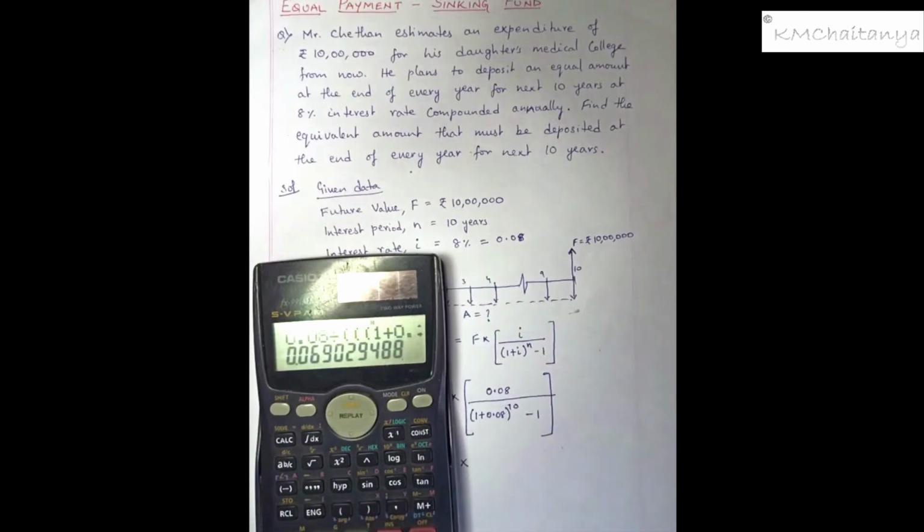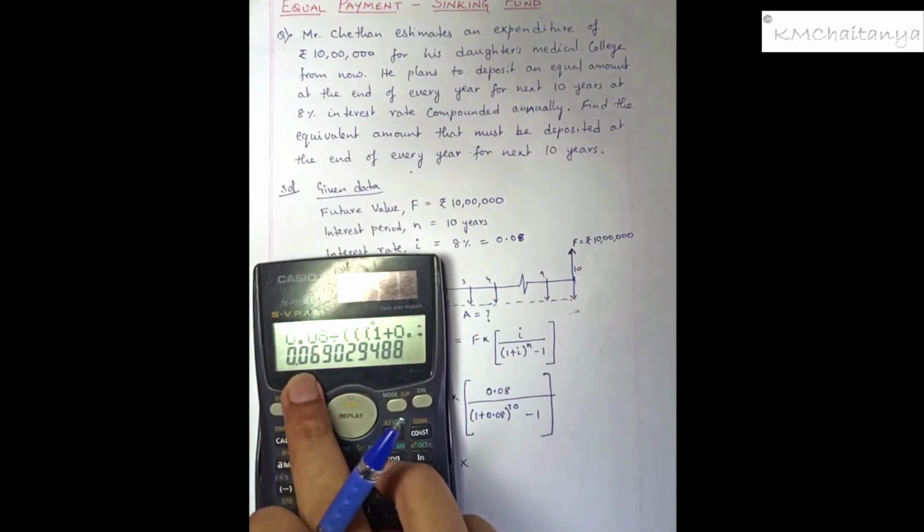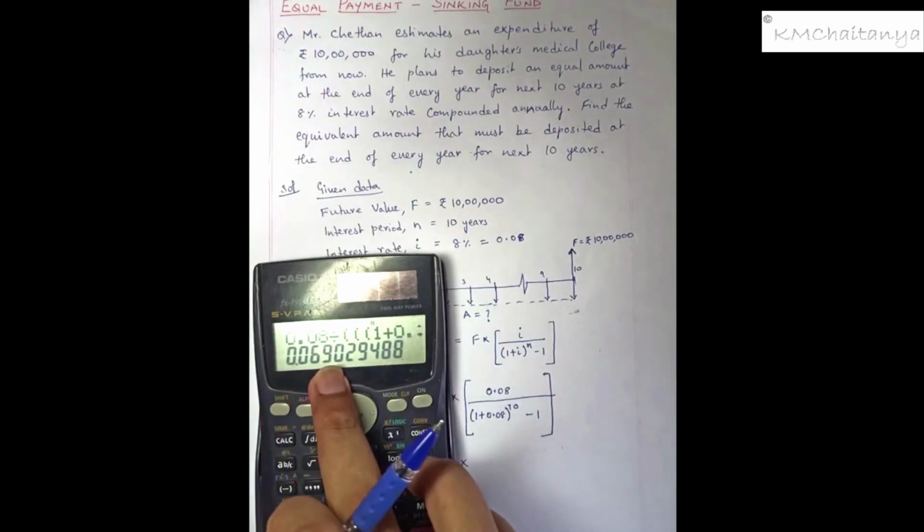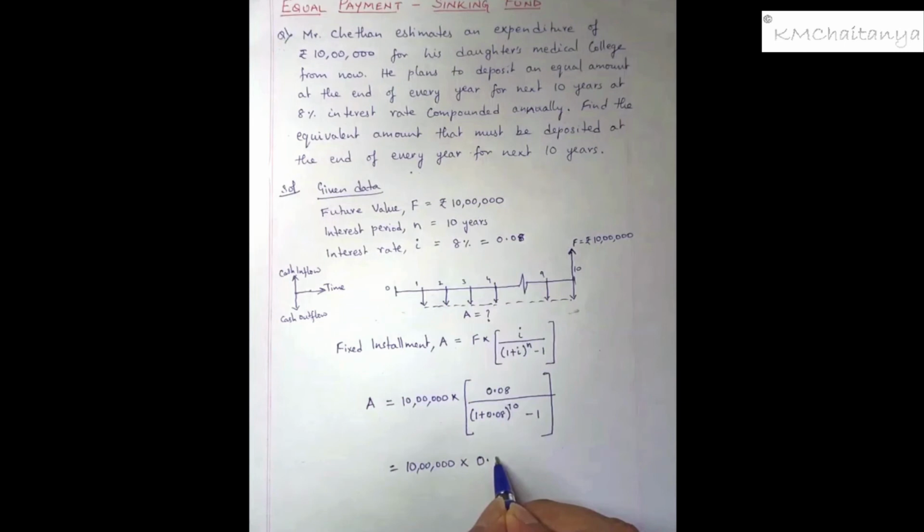I'll solve it. So I'm getting the value as 0.069. Now we'll multiply these two.